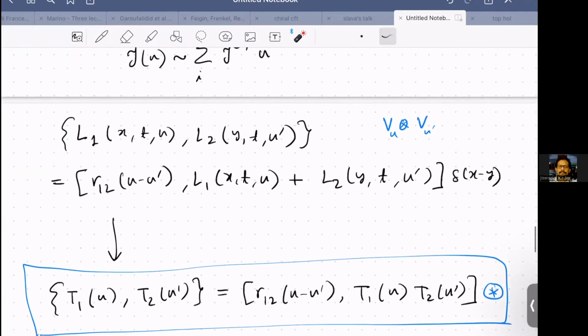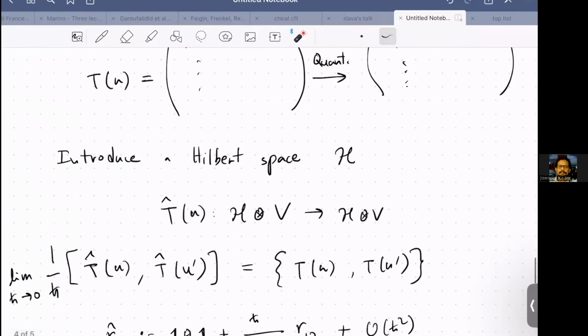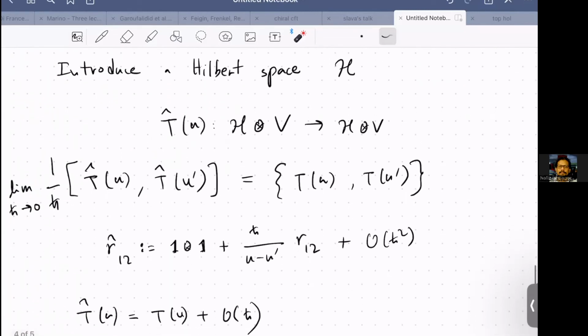You said that because H is infinite dimensional, you expect an infinite number of conserved charges. But even the free field theory is infinite dimensional, and we don't expect that it has infinitely many conserved charges, right? So what do you mean by that? As I was saying, in general you will not have so many conserved charges in your field theory. These are very special field theories where you do have a lot of conserved charges, but this is not always true.